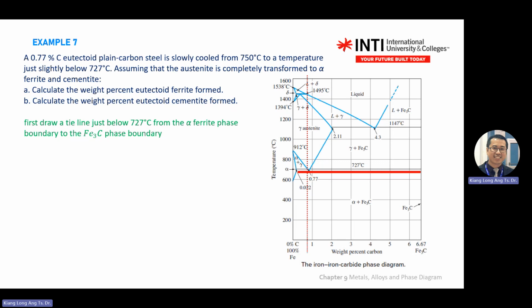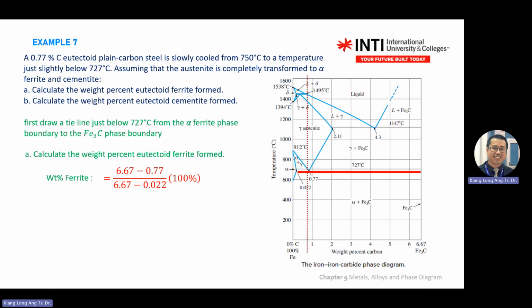So you draw from alpha to cementite, then you start calculating the weight percentage. It's all the way to the right, but on the graph you only need to pay attention to 6.67.